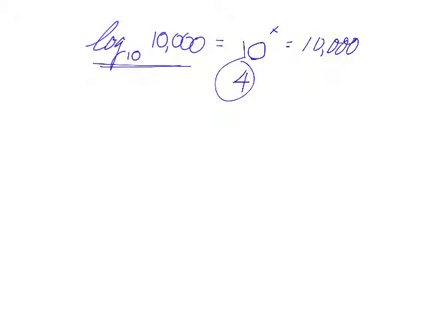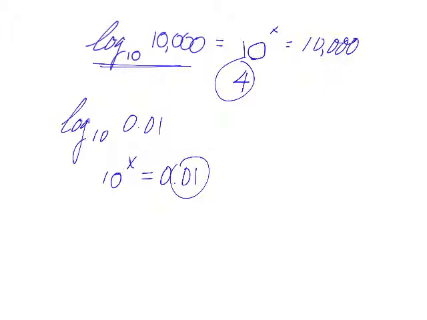If I had something like log with a base of 10 of 0.01, that means what exponent can I put on 10 that will give me 0.01? In this case, this 0.01 is the same as 1 over 100.